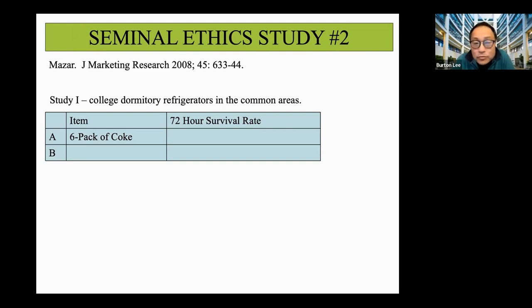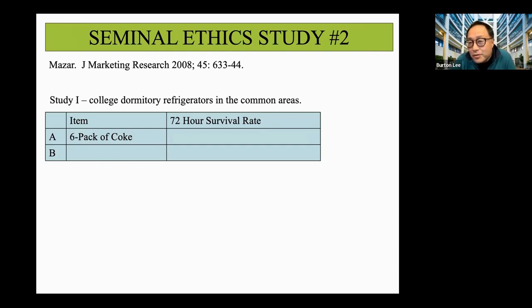And so what they did was they walked up to one of the dormitories and they put 6 individual cans of Coke in the refrigerator, no name, no explanation, no warning, you know, don't take this, okay? They just left it there, and they came back 72 hours later to see how many cans of Coke would essentially survive a college dormitory, okay?